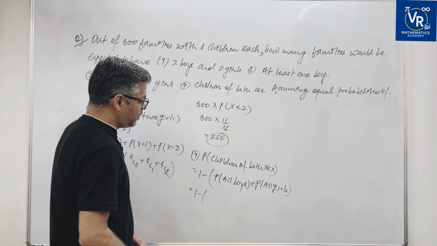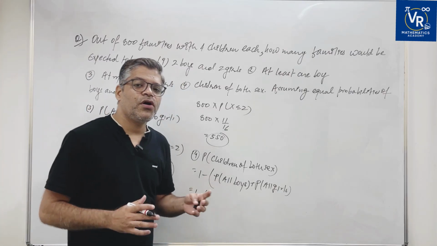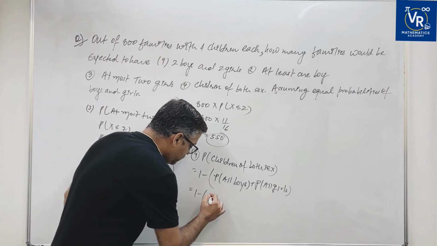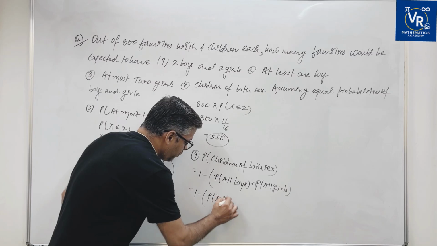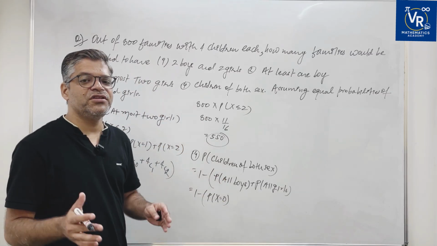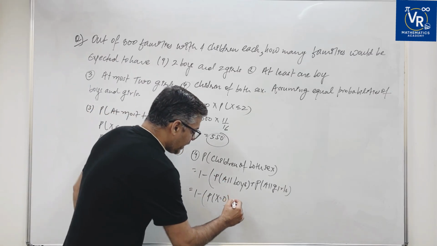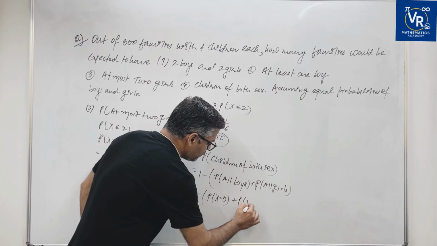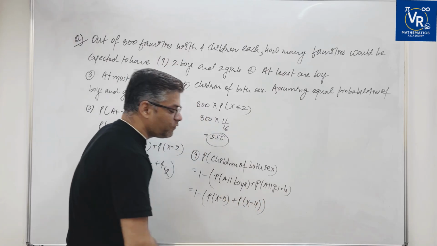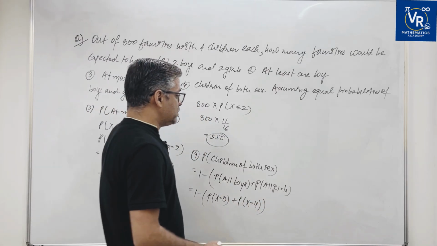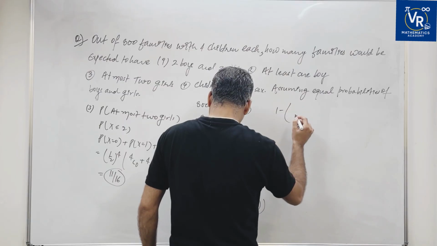So that can be written as 1 minus. When we write probability of all boys, this is probability of x is equal to 0, because x denotes the number of girls. And when we write probability of all girls, this can be written as probability of x is equal to 4.